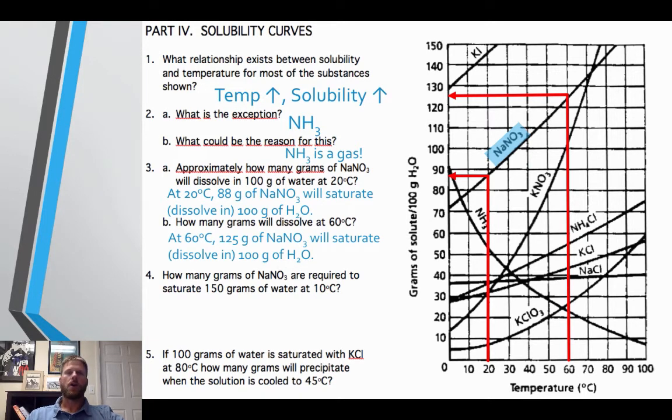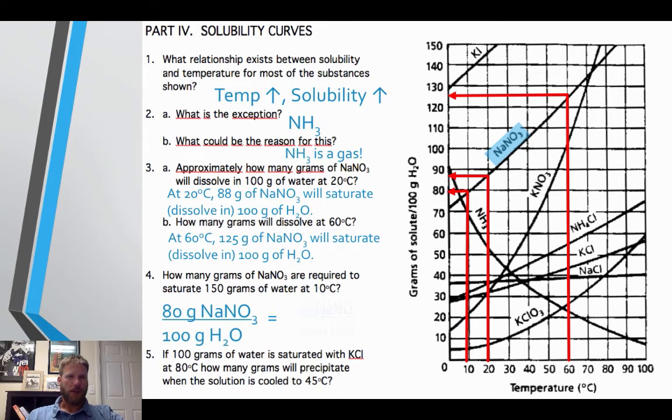So let's try a little bit harder problem. How many grams of sodium nitrate are required to saturate 150 grams of water? Well, the graph only tells us 100 grams of water. We can just set up a ratio to figure out this problem. If we look at the graph at 10 degrees Celsius and see how many grams of NaNO3 will dissolve, 80 grams will dissolve in 100 grams of water at 10 degrees Celsius.